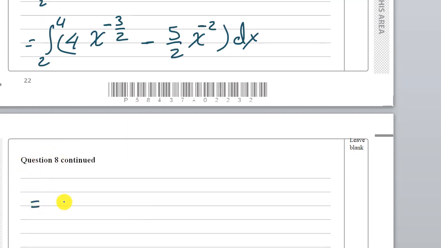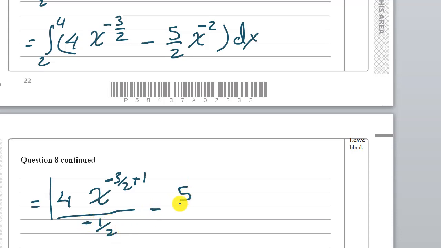So it's equal to 4x to the minus 3 divided by 2 plus 1 divided by minus half, minus 5 divided by 2 x to the minus 2 plus 1 divided by minus 1. All of them from 2 to 4.